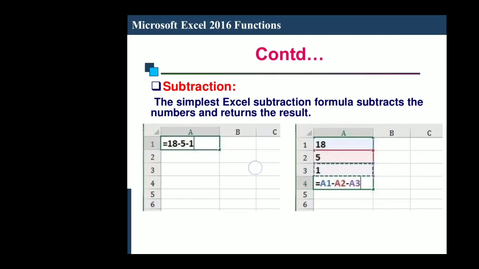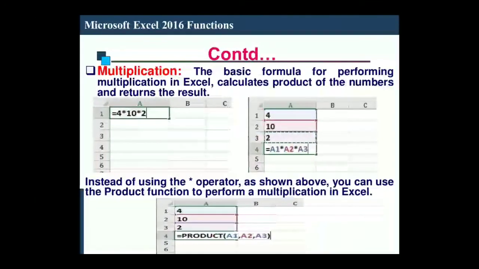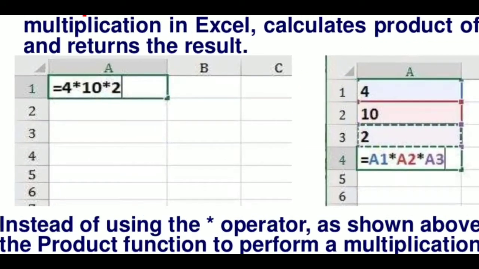Now we can multiply values just by using formula and also function. So first method here you can see to multiply 4, 10 and 2. We can write equal to 4 multiplied by 10 multiplied by 2.